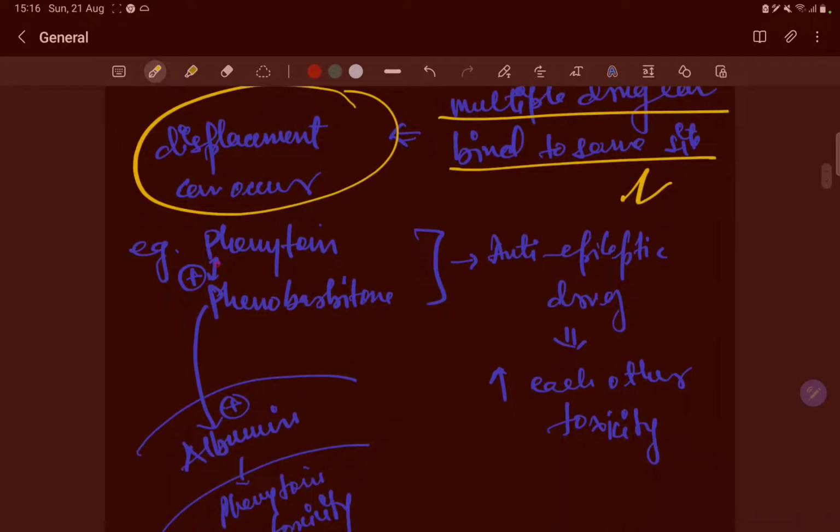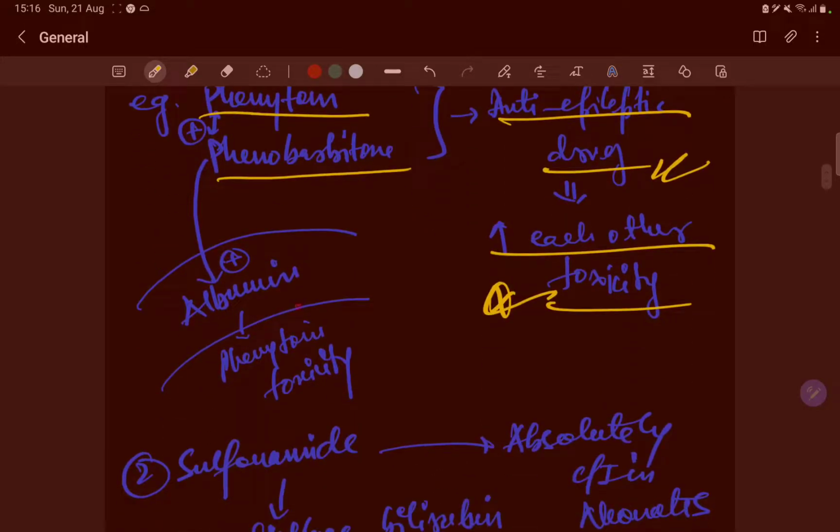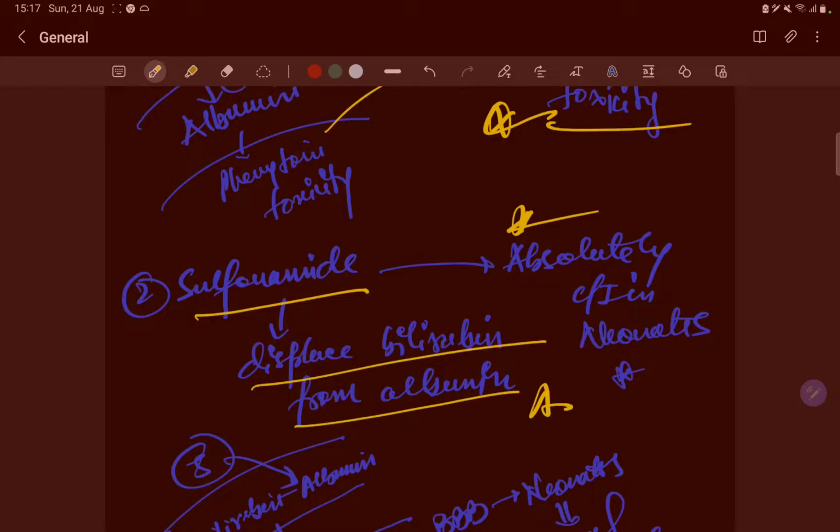Suppose phenytoin and phenobarbital are given together, what will happen? They are both antiepileptic drugs and they will increase each other's toxicity, so there will be phenytoin toxicity as well as phenobarbital toxicity. This is important. Sulfonamide is absolutely contraindicated in neonates because it displaces the bilirubin from the albumin.